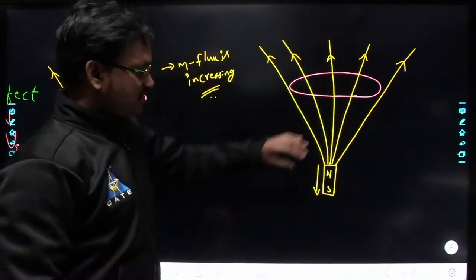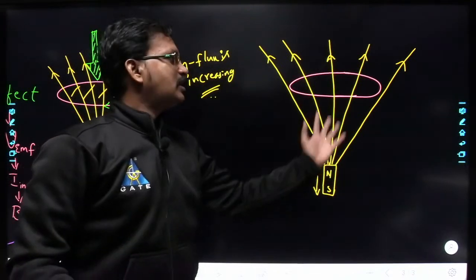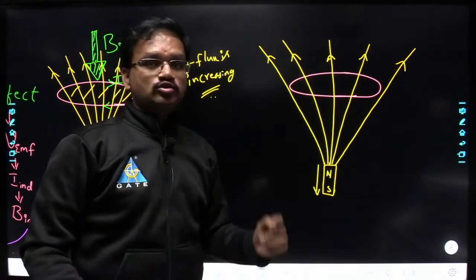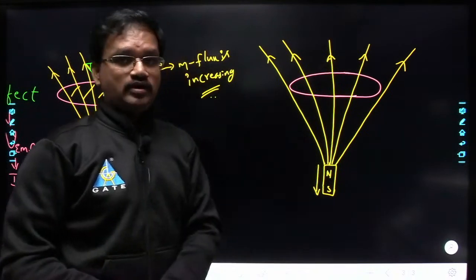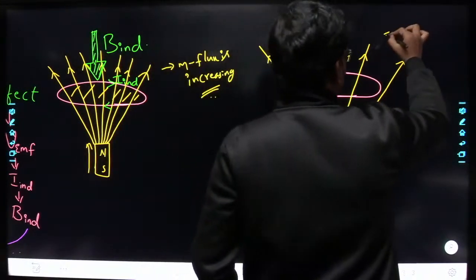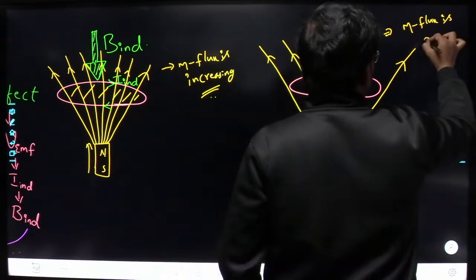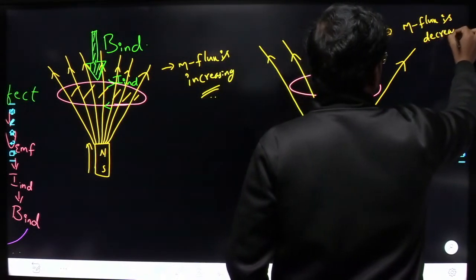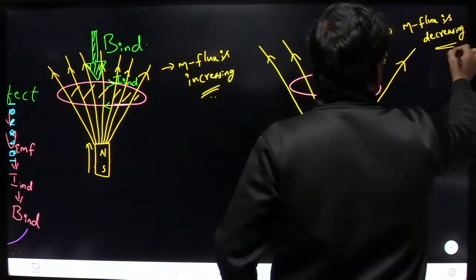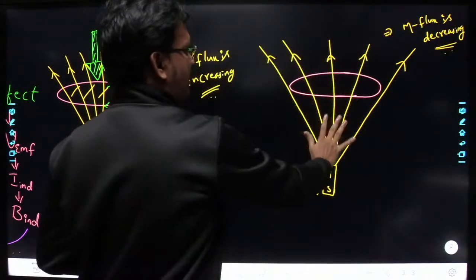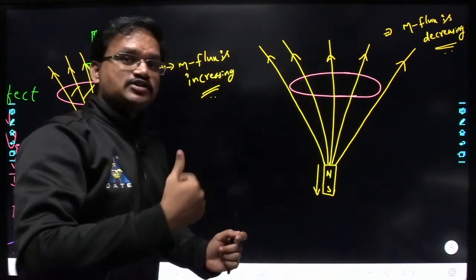As the magnet moves away from the loop, the number of field lines penetrating through this loop is going to decrease with respect to time. So the magnetic flux is decreasing. The number of field lines penetrating through this loop is gradually decreasing.